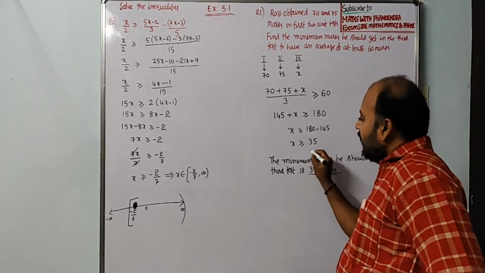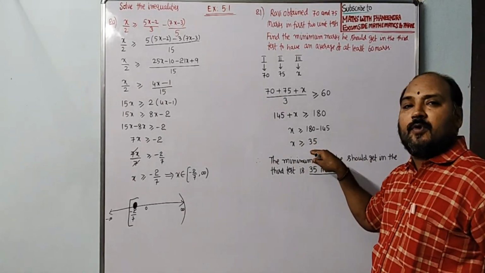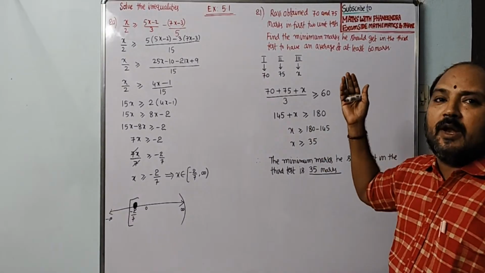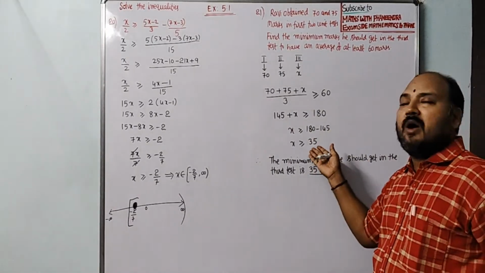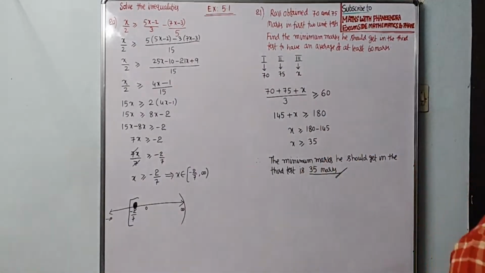Whatever we are getting, that is the minimum marks. Greater than or equal to means it starts from 35, and it may go up to 100, right? Because the maximum is 100 marks only. So the minimum marks he may get is 35. Okay, dear students, I hope you understand. We'll move to another set of questions.